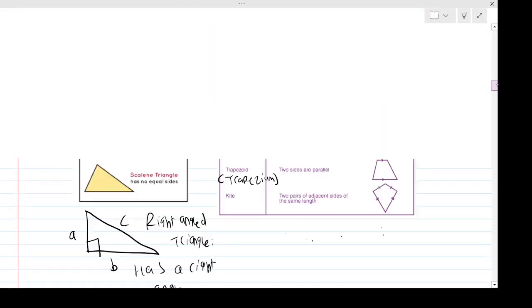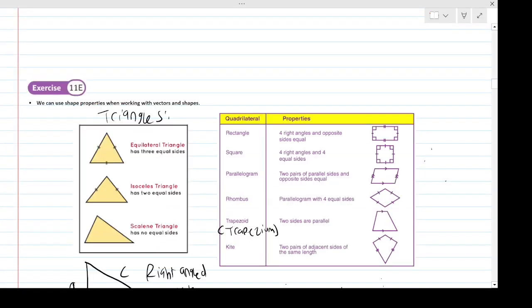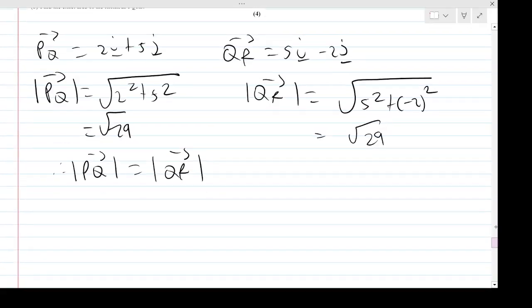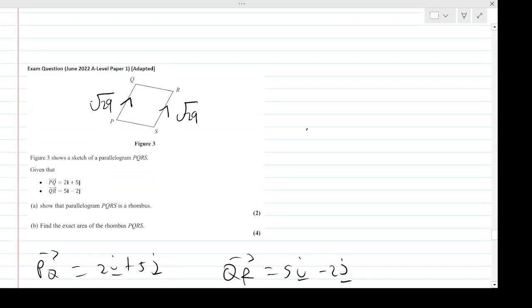If we go back to our properties, a parallelogram has 2 pairs of parallel sides, so the opposite sides are parallel, but they're also equal. That's a key property of the parallelogram. So there we are, okay? And likewise then QR is root 29. So that means that PS is also root 29, but therefore all 4 sides are the same, okay?